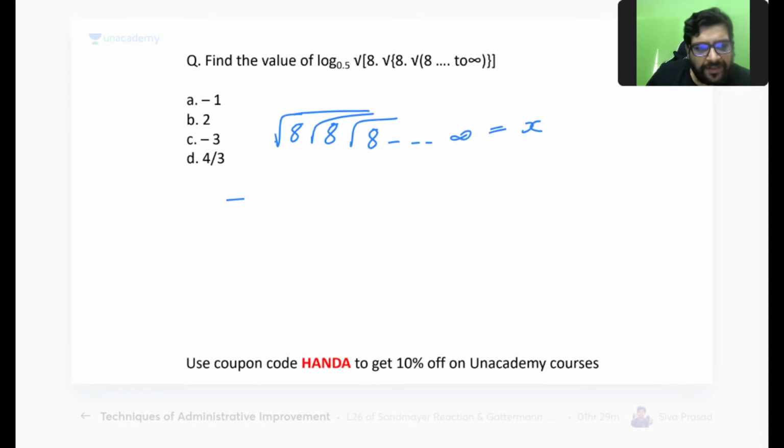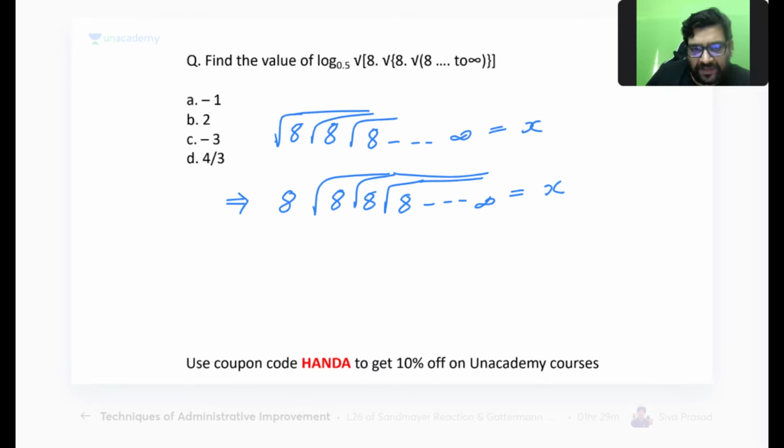What you do in this case is you square both sides. When you square both sides, you get 8 root 8, and so on till infinity, which is X square.